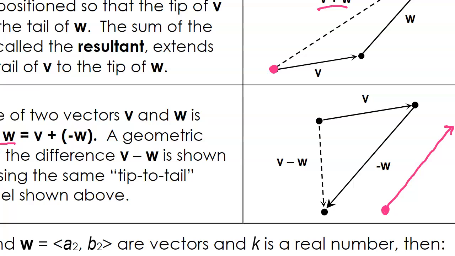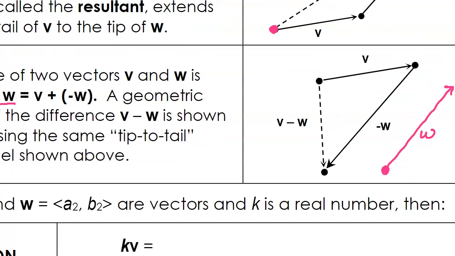And what they had to do to subtract was flip w to go the opposite direction. So you take vector v and you subtract w by making w go in the exact opposite direction. And after we do a couple of these problems, we're going to graph this and it'll be more clear what I'm saying.